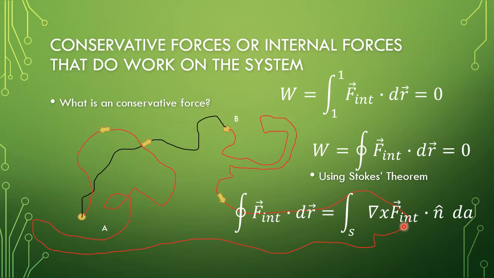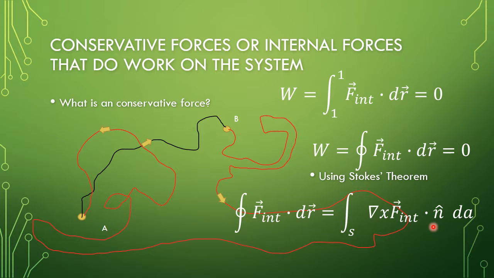So we know that if this force is conservative or internal, this has to be zero. The only way this is going to be zero is if the thing you're integrating is zero. So n hat is a normal vector, normal to the area.